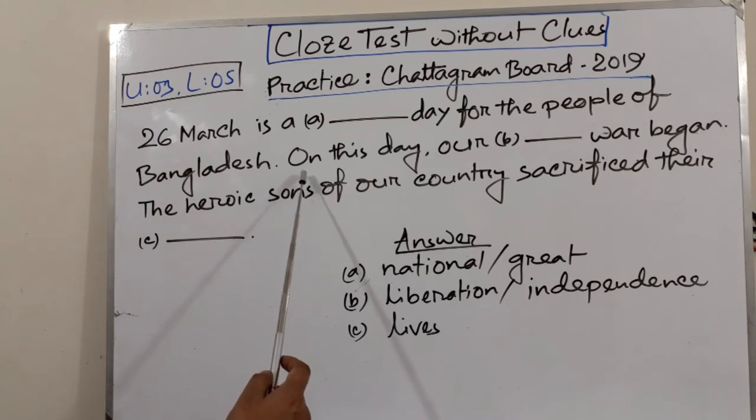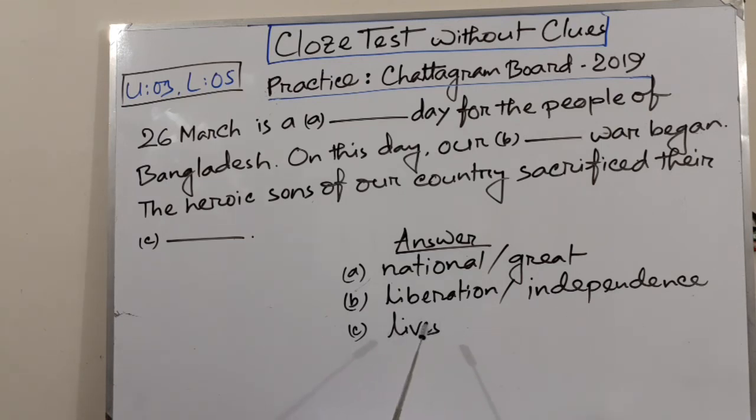Then the second sentence, on this day our gap war began. Here the gap requires a word regarding our war, and we know that there is liberation war or independence war, so liberation or independence is applicable in the gap. Then in the third sentence, the heroic sons of our country sacrificed their gap.